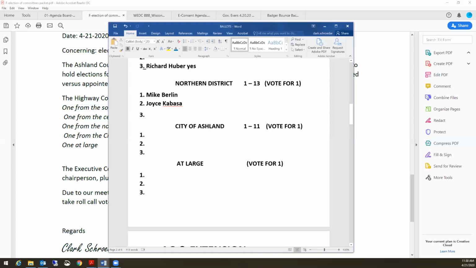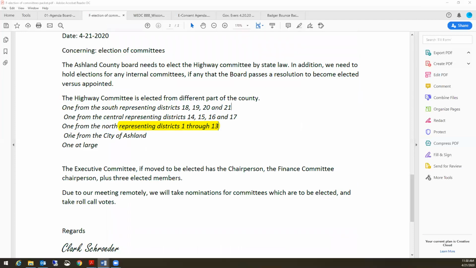Okay, going to D, City of Ashton, Ward 1 through 11. This is Supervisor Quebec. I'd like to nominate Pepe Cabasa for that position.